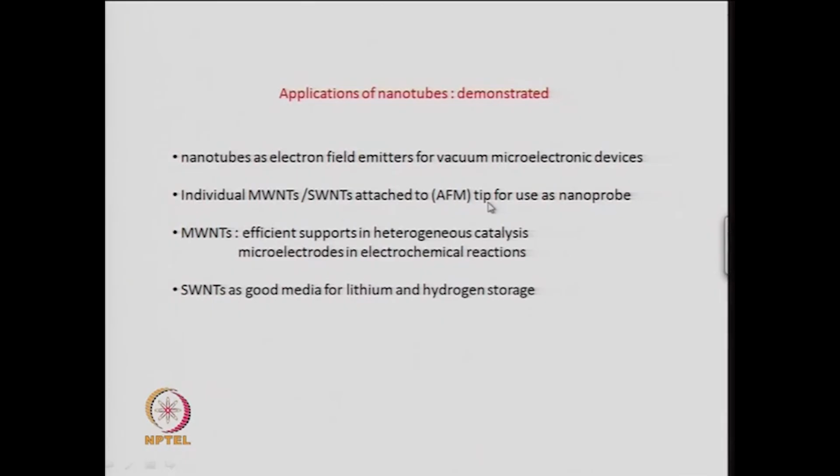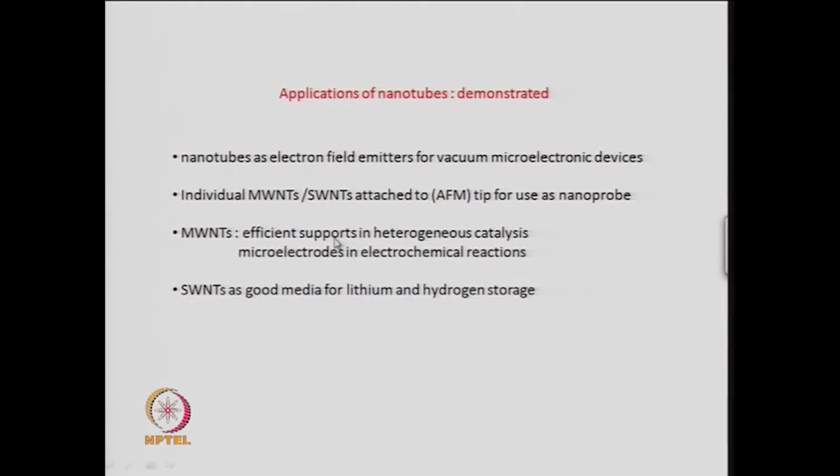Many single walled nanotubes or multi walled nanotubes you can take, you can attach one single carbon nanotube, or you can attach several nanotubes like a brush to a AFM tip, and then you can use that as a nano probe, and it can be much more sensitive than any metallic tips which are used, which we will show in our subsequent slides. So, very important property of individual nanotubes being used as tips in AFMs as nano probes.